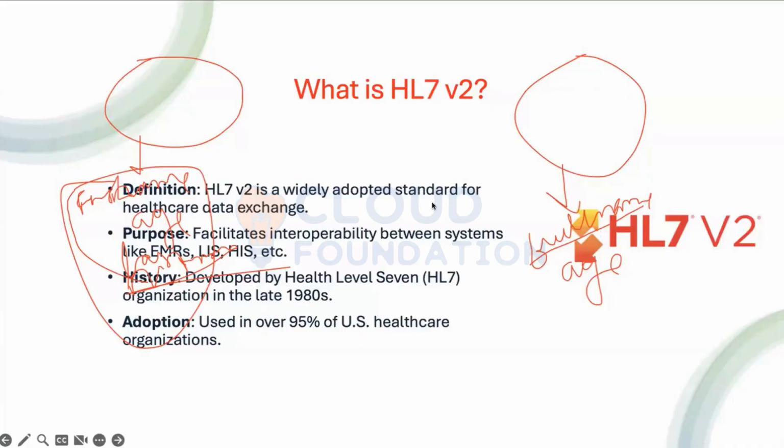Before HL7 V2 was introduced, this was a major problem between healthcare systems. Basically, this problem was identified, and to fix it, HL7 was formed. It was a non-profit organization, and the first version, HL7 V2, was introduced, in which they tried to solve the major problem, which is the non-interoperability between systems.